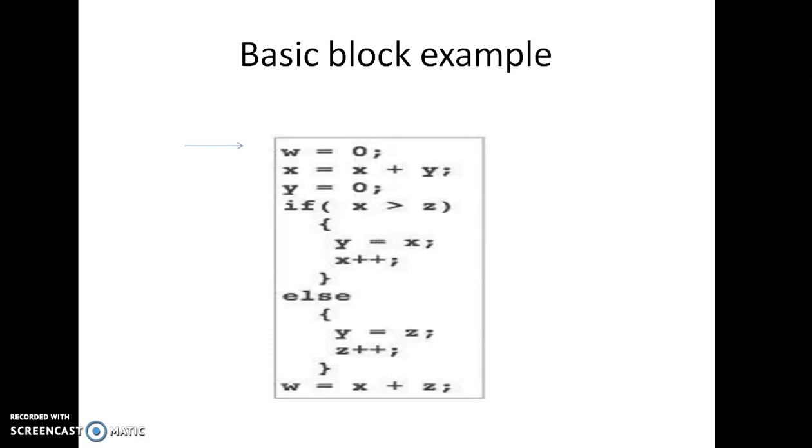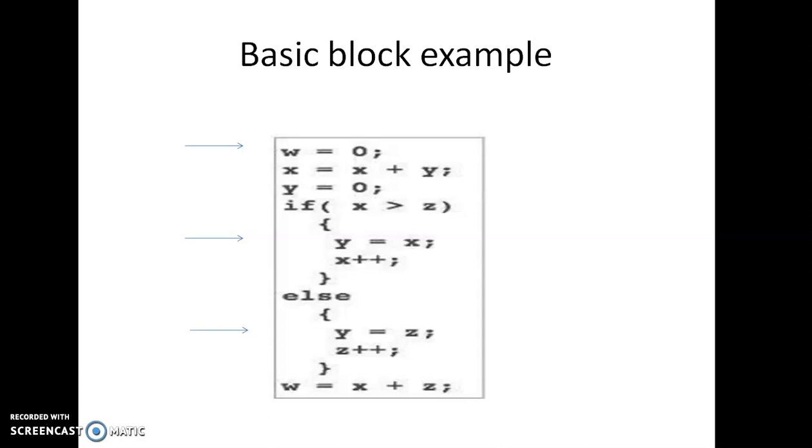So we are able to see here that there is a conditional branch statement. If x is greater than z, if this condition gets satisfied, then the next instruction which will be executed will be y equals x. So this y equals x will be one of the headers. If this condition is not satisfied, then the target of this conditional statement will be y equals z. So y equals z will also be a header.